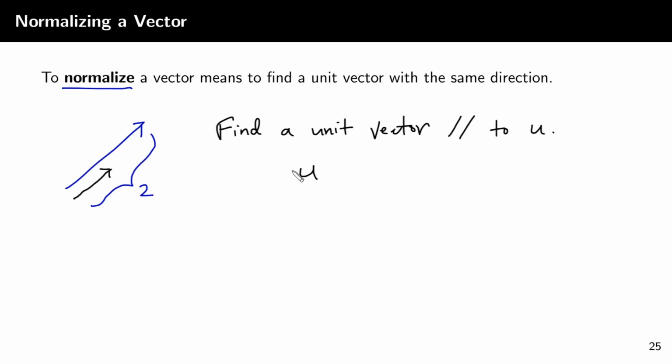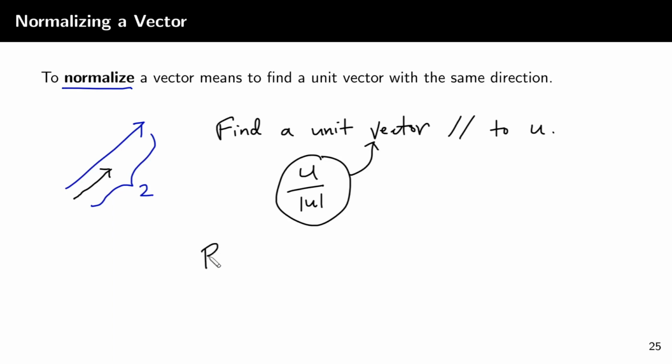So ang gagawin natin, we need to multiply some scalar here. It needs to be a positive scalar, since positive scalars will not change the direction of the vector. And that scalar is 1 over the magnitude of u. So this vector now is a unit vector, and it is parallel to u.